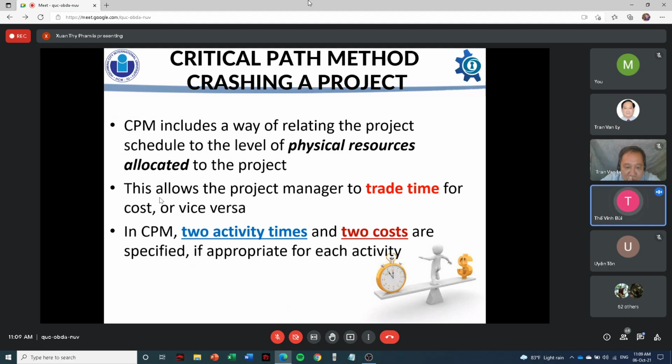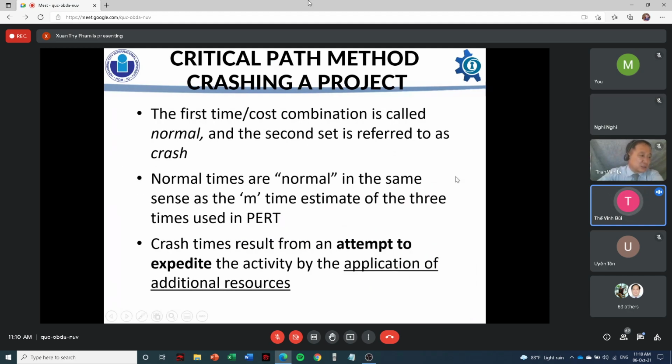CPM allows the project manager to trade time for cost or vice versa. In CPM, two activity times and two costs are specified if appropriate for each activity. In the next slide, I will show you more about the critical path method.